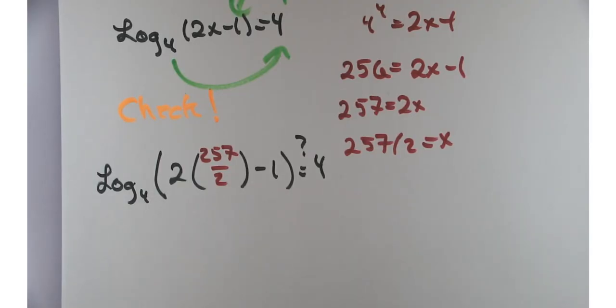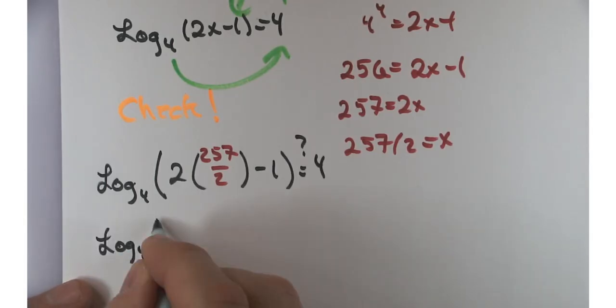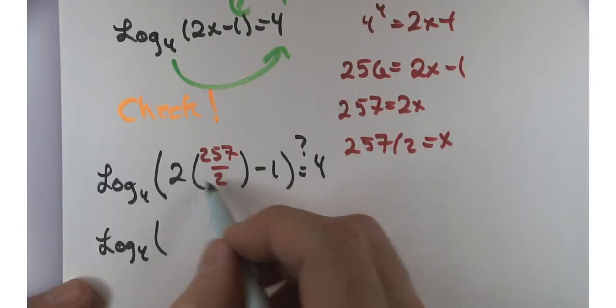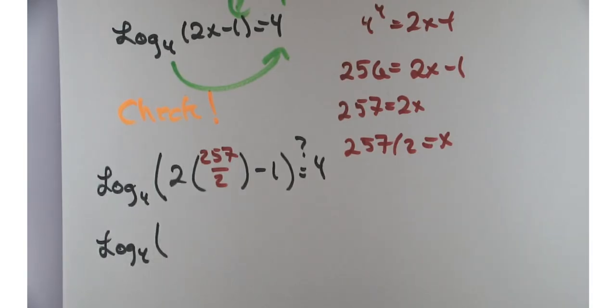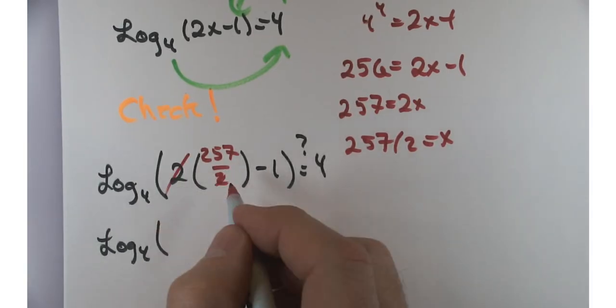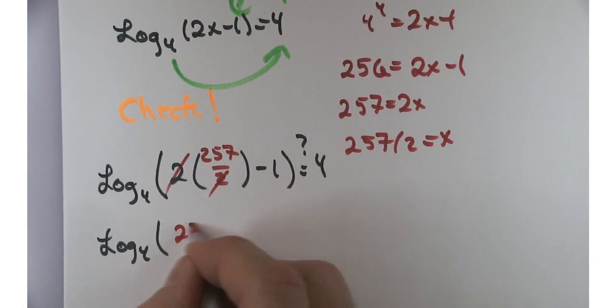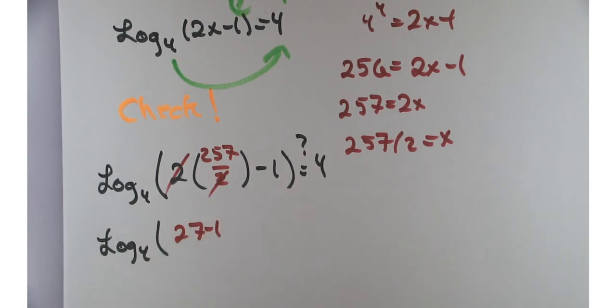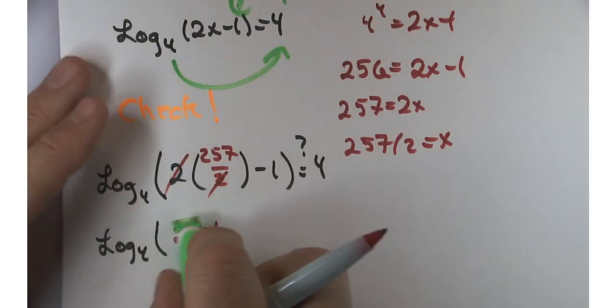Now I can go a little bit farther on this one if I wanted to. That's log base 4 of, well, the 2's cancel, right? If those cancel, I end up with 257 minus 1, and I know that that's positive. I don't really have to go any further.